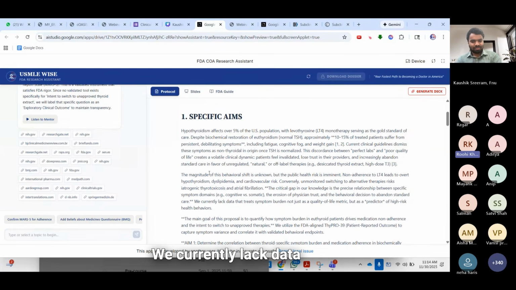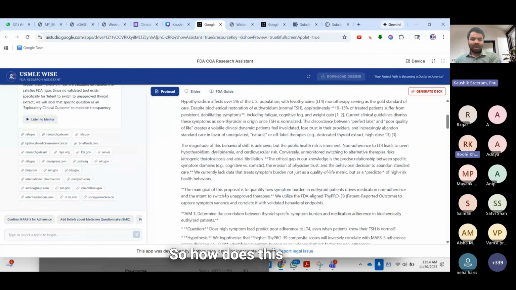We currently lack data that treats symptom burden not just as a quality of life metric, but as a predictor of high risk health behaviors. The main goal of this proposal is to quantify how symptom burden in euthyroid patients drives medical non-adherence and the intent to switch to unapproved therapies. We utilize the FDA-aligned ThyPro 39 PRO, patient reported outcome, to capture symptom variants and correlate it with validated behavioral endpoints.